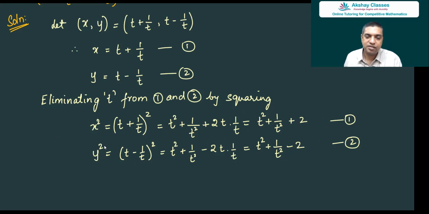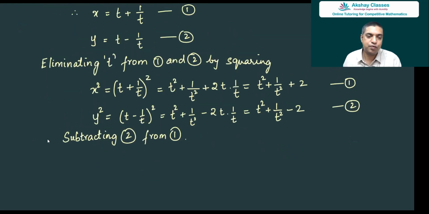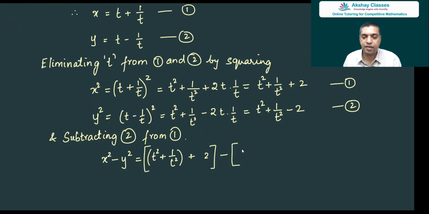So subtract. Subtracting 2 from 1, we get x square minus y square. Directly I can write; I'm just writing steps for you. These are direct.